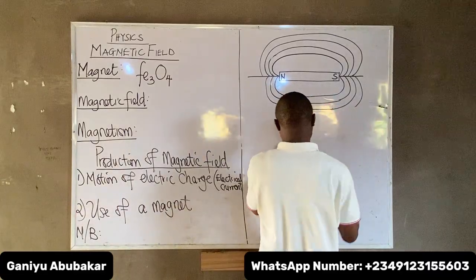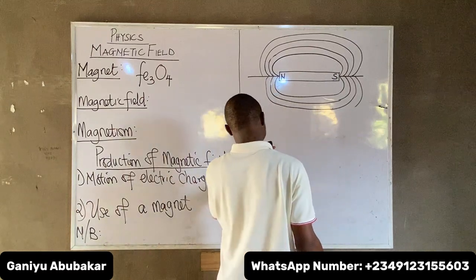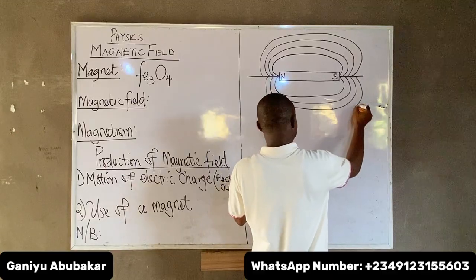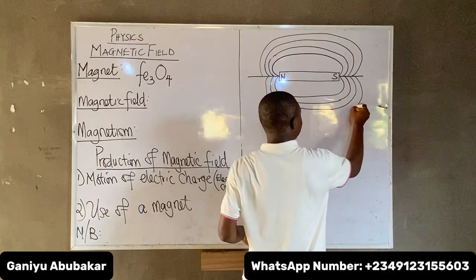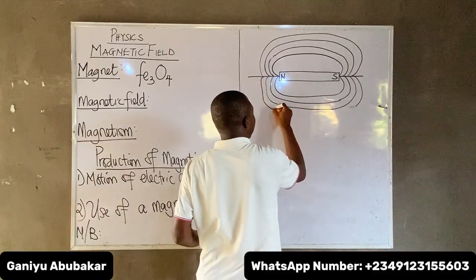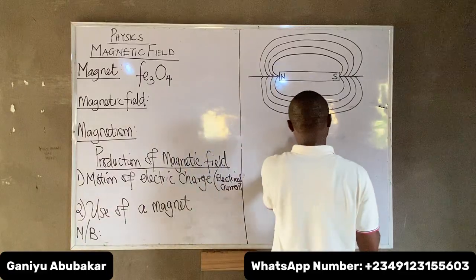So this is the magnetic field produced by a bar magnet.